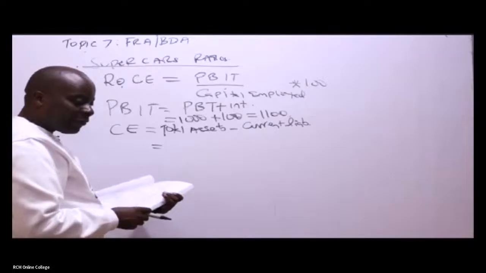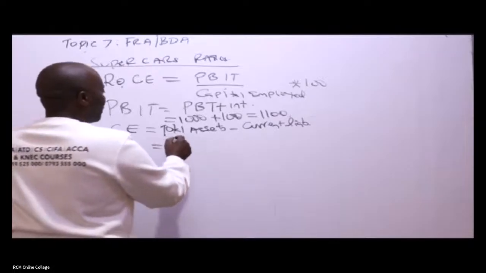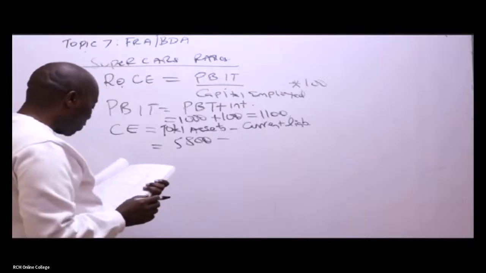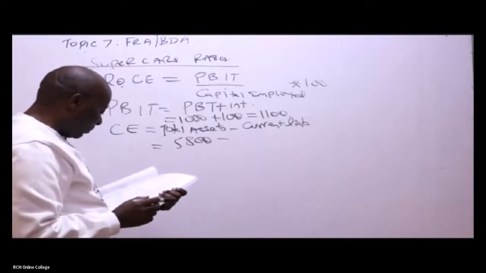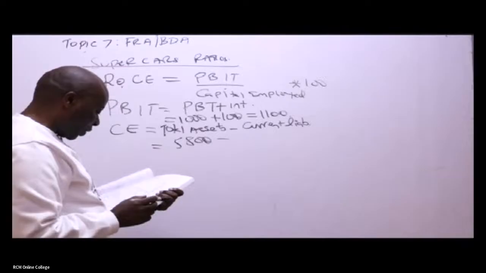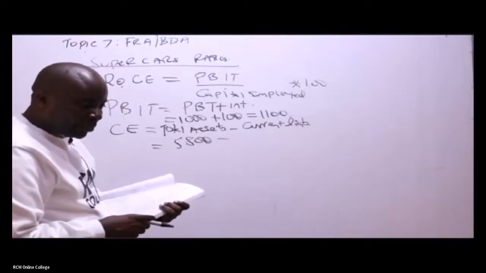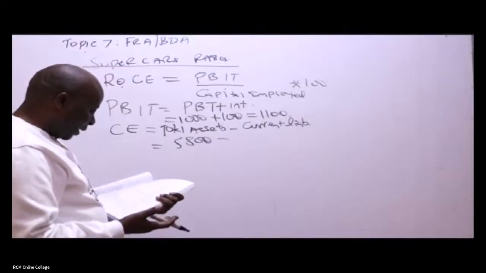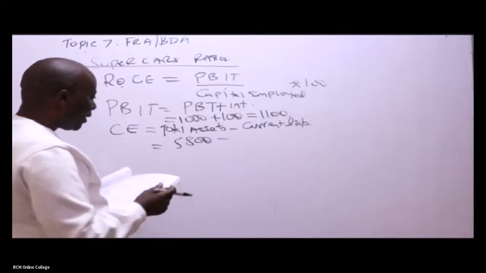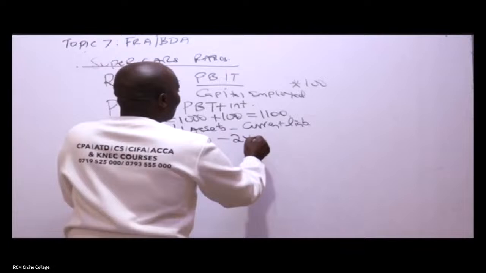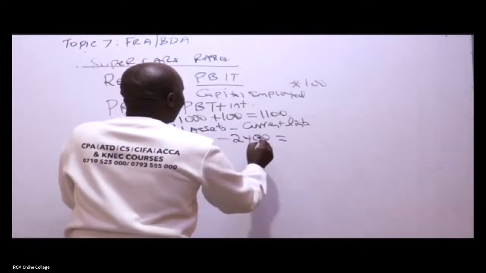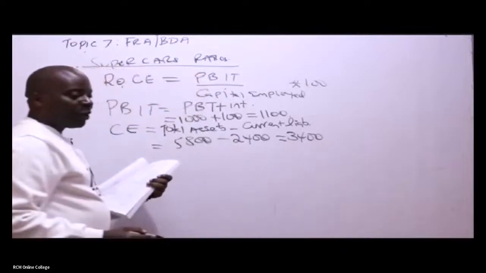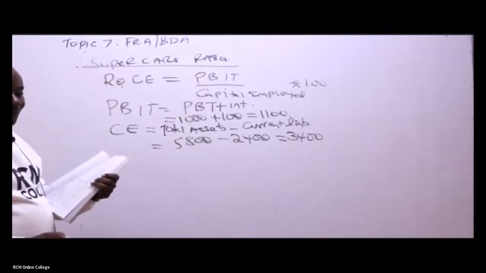The total assets are 5,800. How about the liability section? Are you able to pick the current liabilities? Yes, about 2,400, because we have trade payables, current tax, bank overdraft. When you subtract this one from this one, it is what they're giving me as 3,400, isn't it?